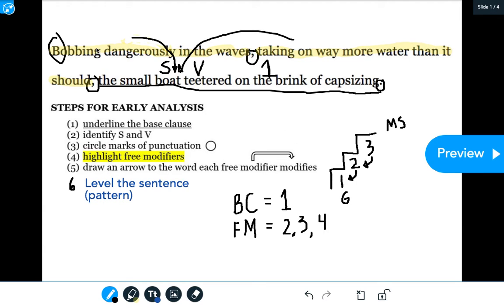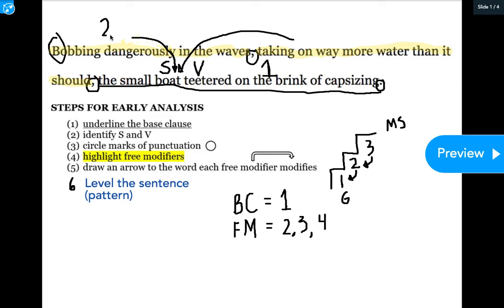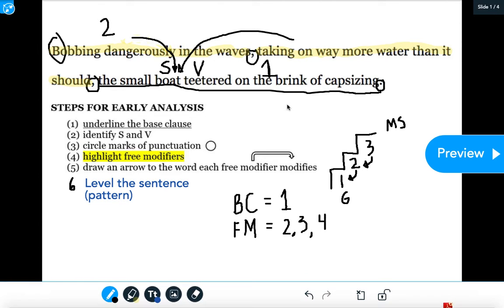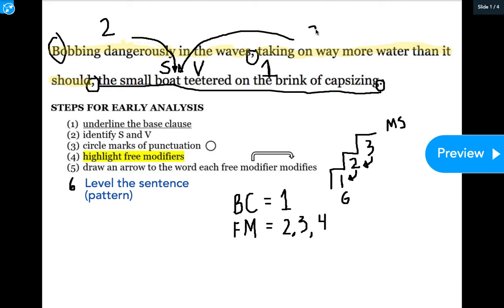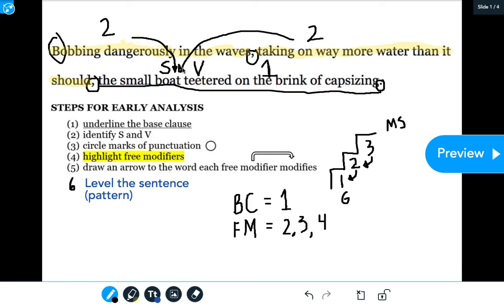So if "bobbing dangerously in the water" modifies something in the base clause, like in this case "boat," then it's going to be considered a level 2. Same thing, "taking on way more water than it should" is a level 2 because that free modifier modifies a level 1, or at least a word in the level 1.